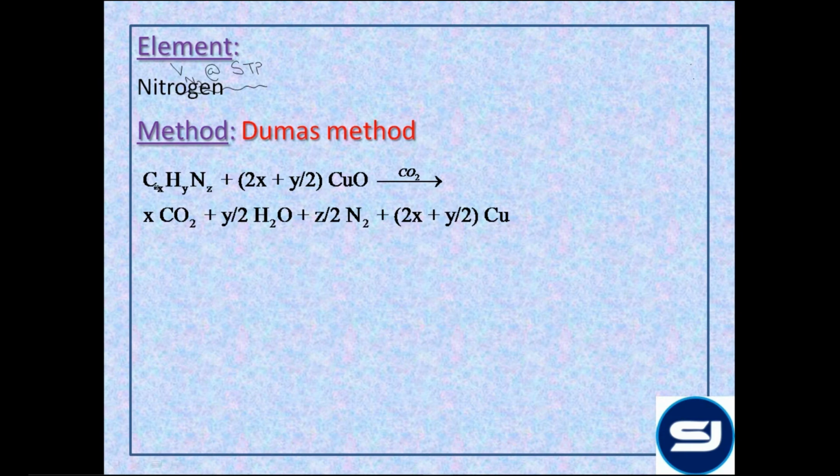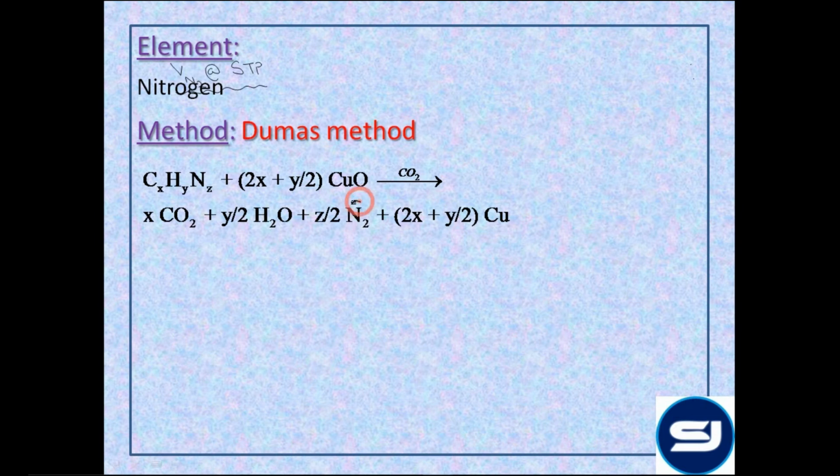So the organic compound containing nitrogen of the type CxHyNz is oxidized with copper oxide in the presence of carbon dioxide. So carbon oxidizes to carbon dioxide, hydrogen oxidizes to water, and nitrogen would be separated as nitrogen gas.